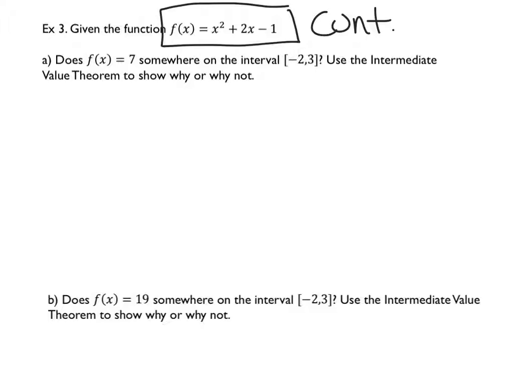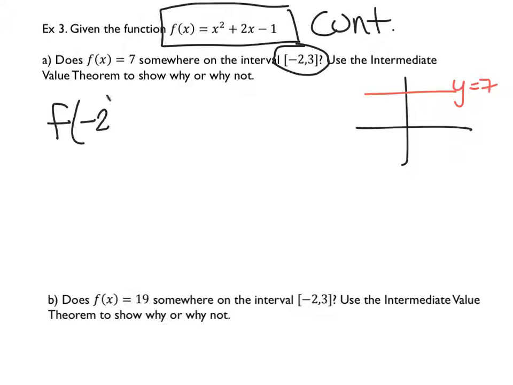Does f of x have to equal 7? Well, think about it. Do you have to have a y value at 7? Well, in order for that to be true, you have to have a number below 7 and a number above 7. And if that's true, then the intermediate value theorem holds. So all we have to do is test our 2 endpoints. We have to evaluate f of -2 and f of 3.